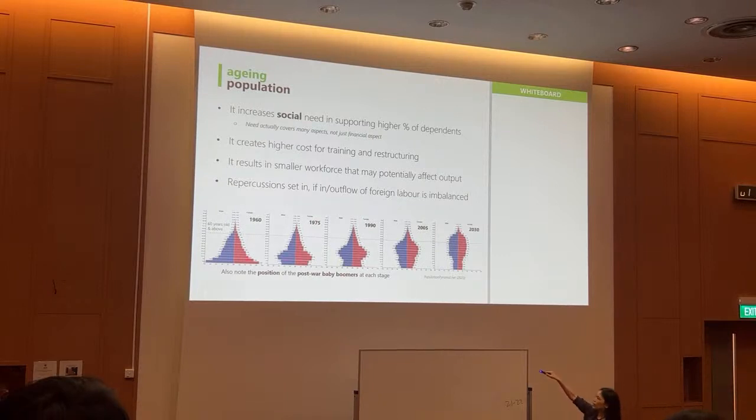So if you look at the chart here, where would they appear on this stage? The baby boomers will be somewhere here, then somewhere here, and then somewhere here. They are the ones who contributed to the golden era of Singapore in the 1990s. And then they'll move around here. So now in Singapore, they have grown to the older age tiers.